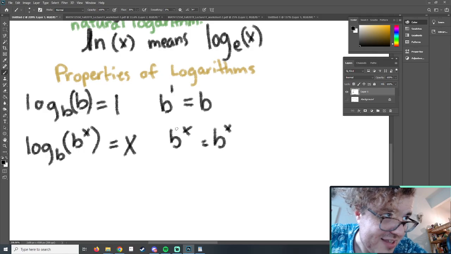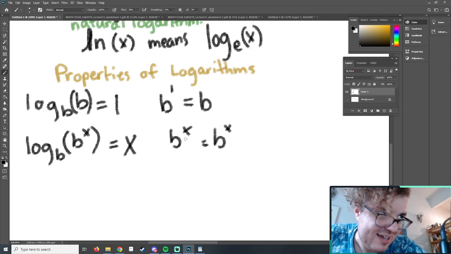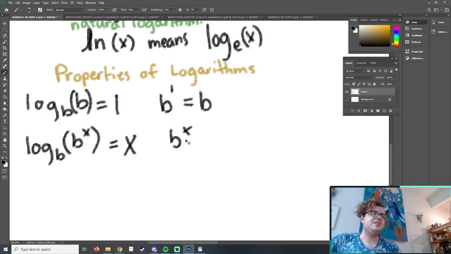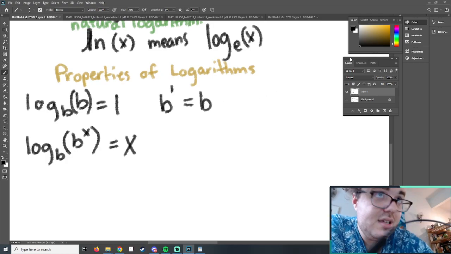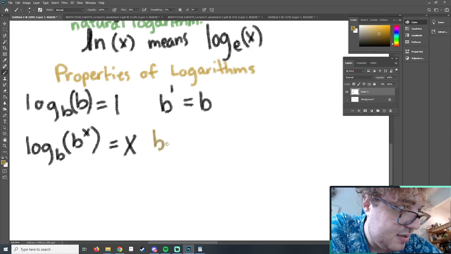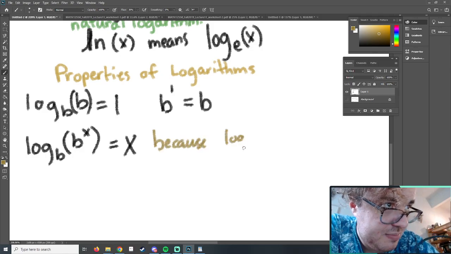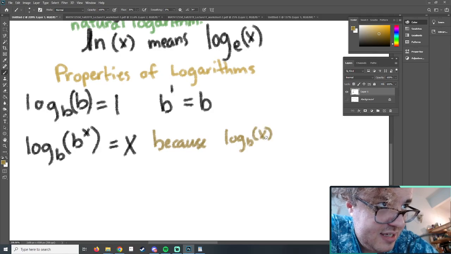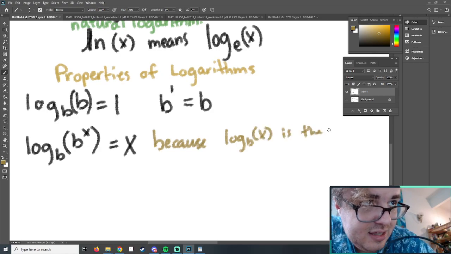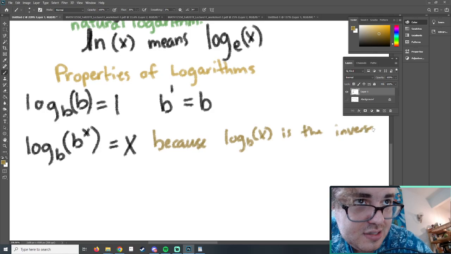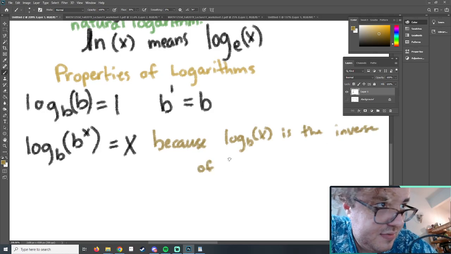The power I raise b to get b to the x is x. But the other way to think about it is that log base b of x is the inverse of b to the x.